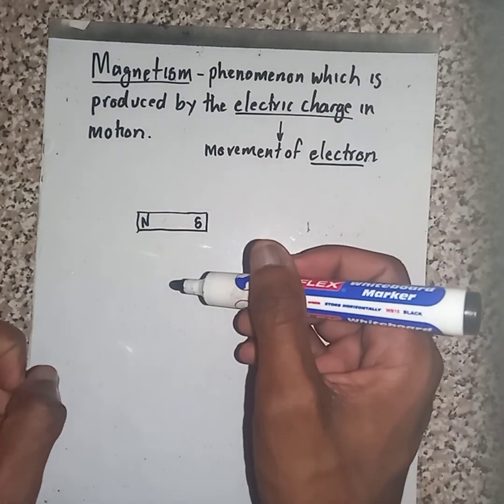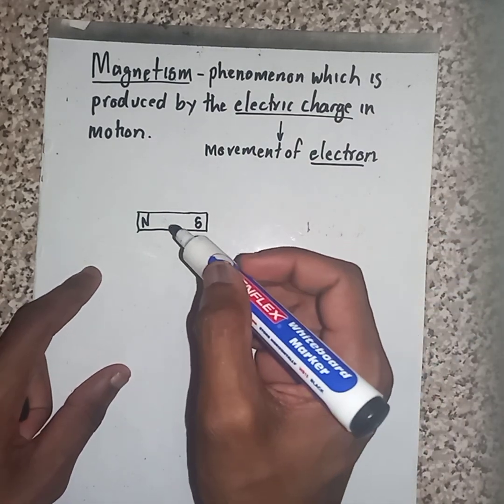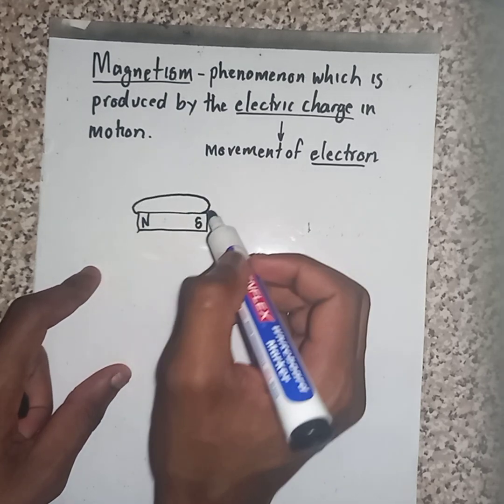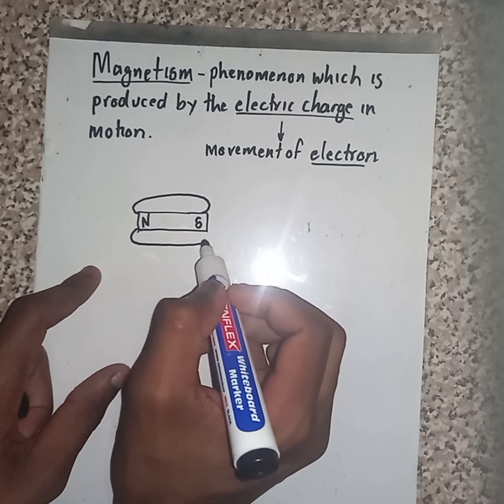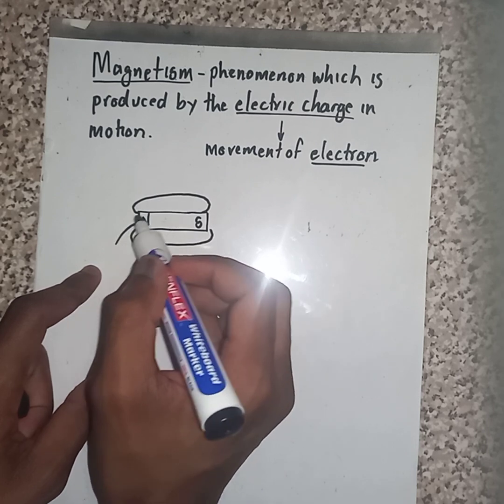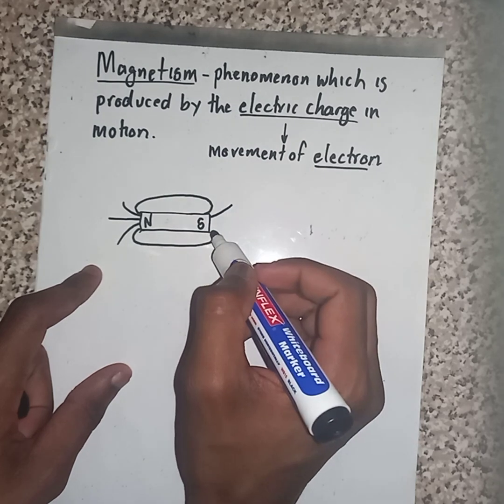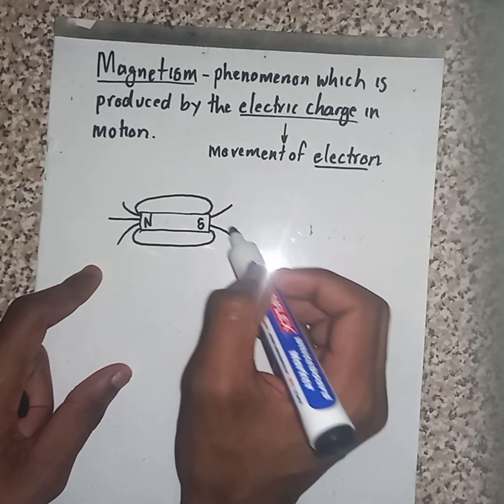The bar magnet also produces what? Magnetic field. The bar magnet also produces magnetic fields. Let me try to draw nicely.